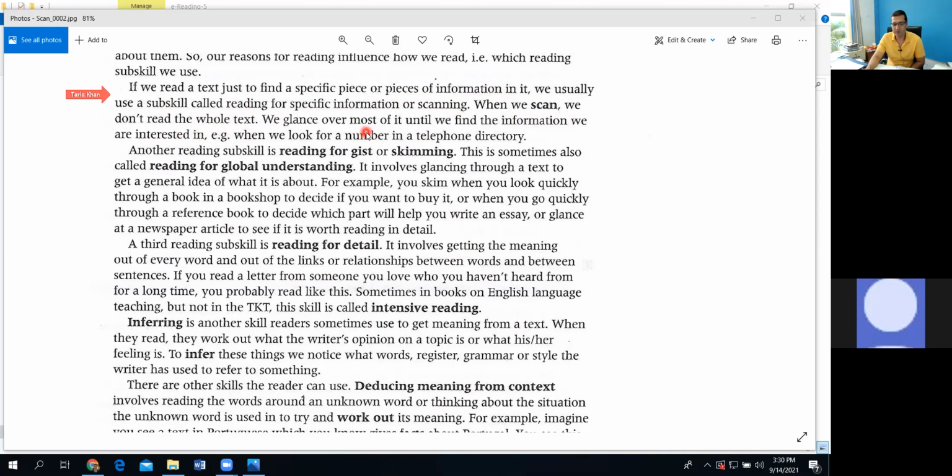We glance over most of it until we find the information we are interested in. For example, when we look for a number in a telephone directory, as I gave you an example. So that type of reading is called reading for specific information or scanning. Is it clear?